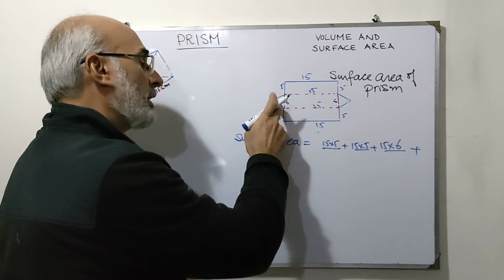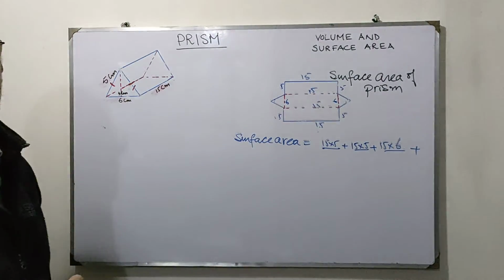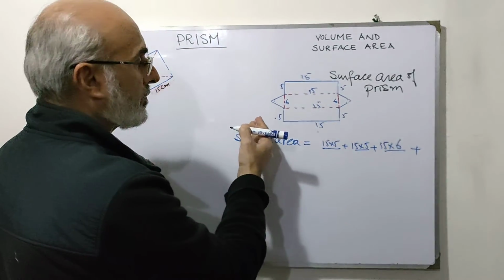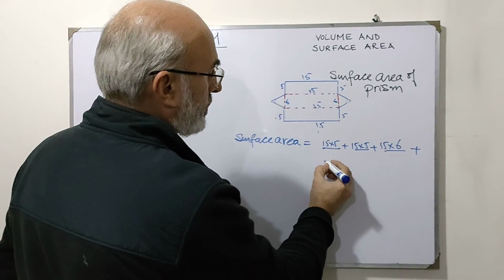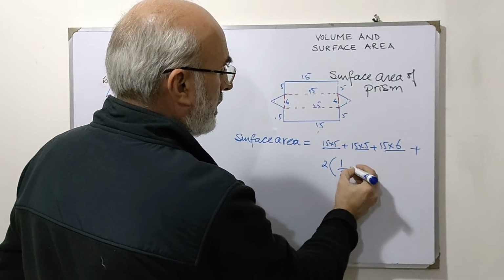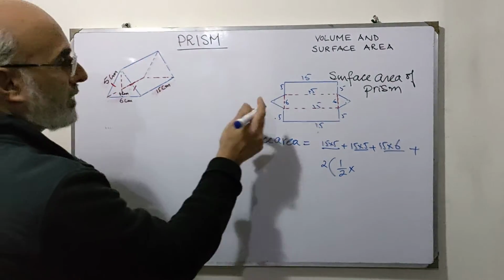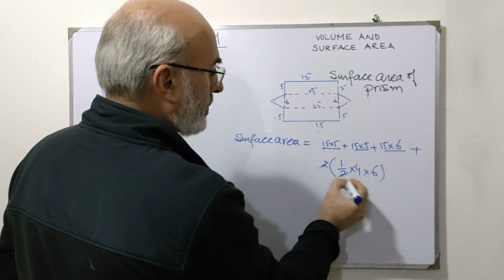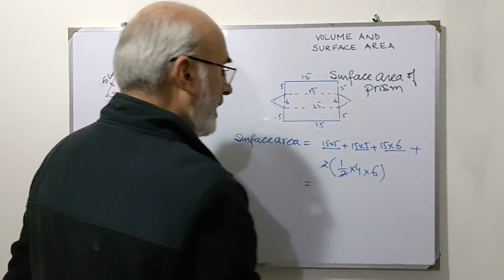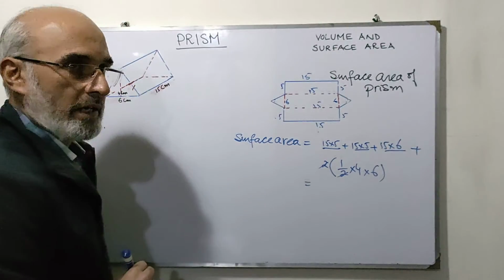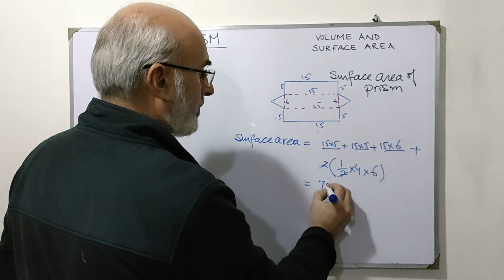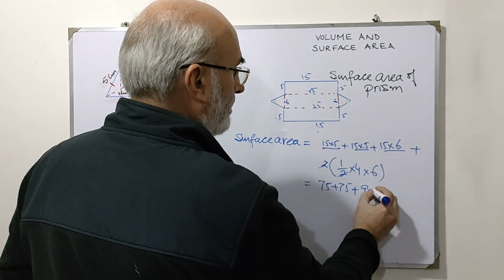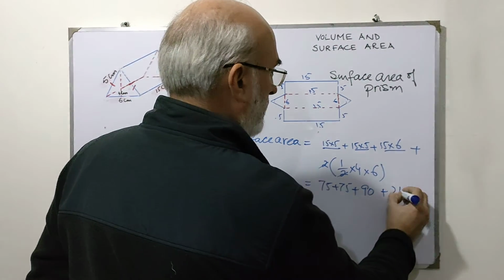I need the area of these 2 triangles. See this, I have 2 triangles. So I can do it like this: 2 into half into the height, which for this triangle was 4, and the base is 6. This 2 goes with this 2. Now 15 into 5 is 75 plus 75 plus 90 plus 24.